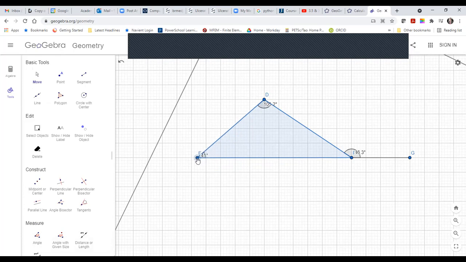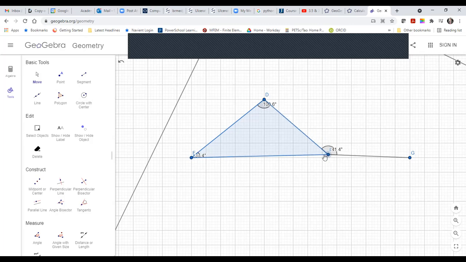Yeah, so that one is 45. I want to make sure you can see the size of the angle.